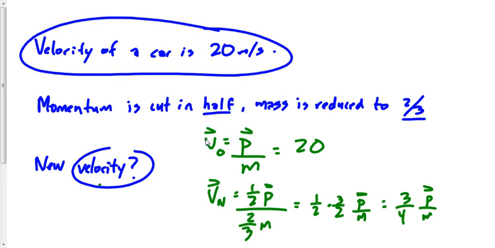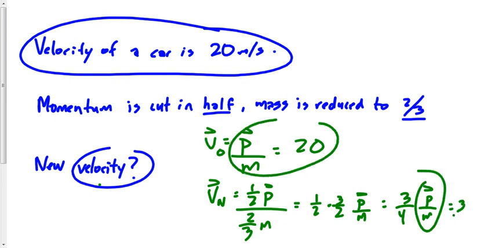Oh, but wait, p over m is 20. So we're just saying 3/4 times 20 is equal to 15. How many people got that? Good. Make sense? All right.